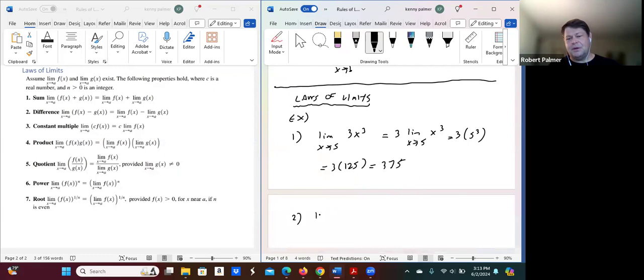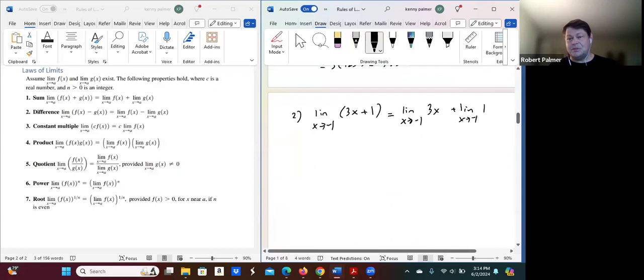We did one like this a minute ago. I'll say the limit as x goes to -1 of, let's say, 3x plus 1. Now, this itself is a polynomial, so we know we can simply plug in -1. We can also use the rules if you want. I wouldn't call it distributing, but it's like distributing. Make this the limit as x goes to -1 of 3x plus the limit as x goes to -1 of 1.